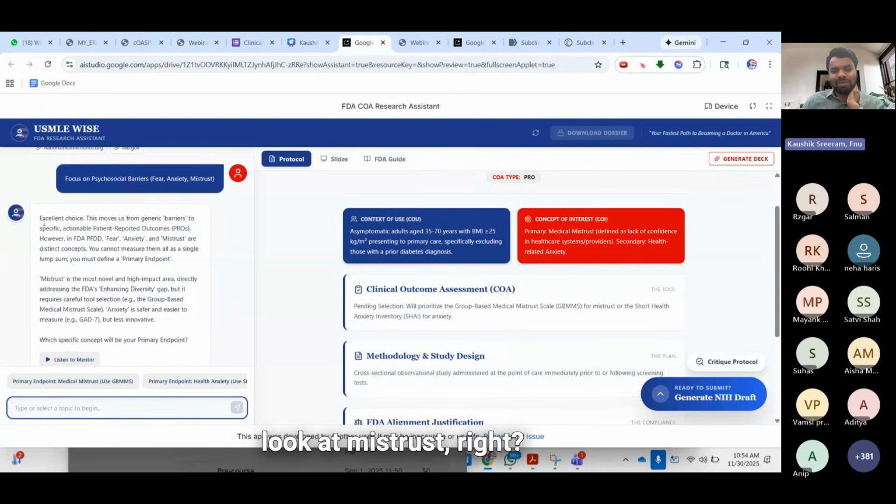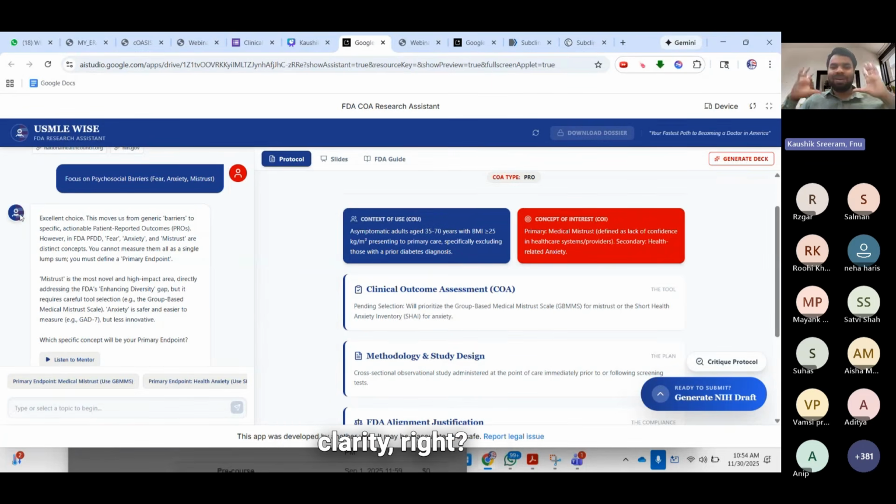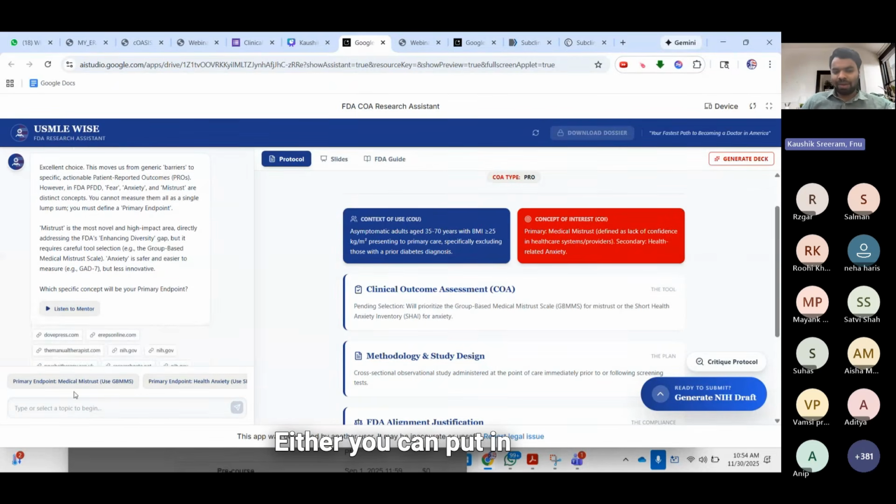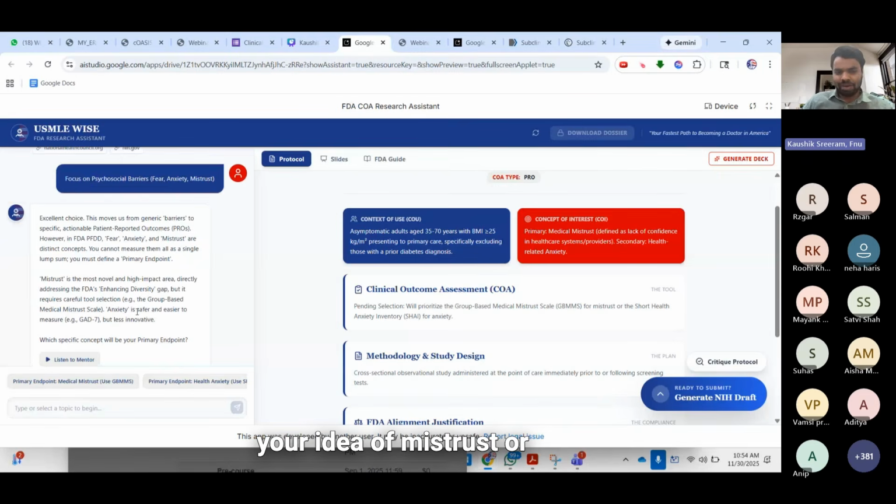And then if you look at mistrust, you have more clarity: when I say mistrust, this is what it means. So there are two options that you have. Either you can put in your idea of mistrust, or it has given you what it means by barriers and what we can measure as a primary endpoint. Mistrust, like you said, is mostly a novel and high impact area.